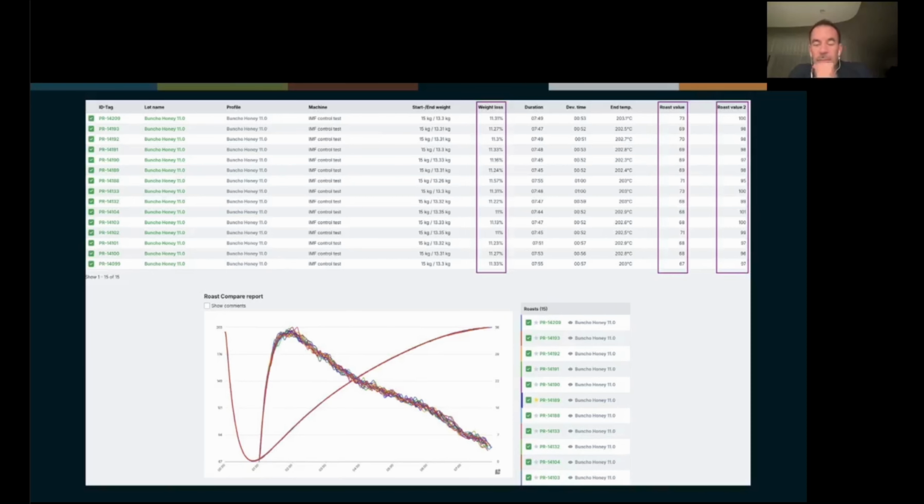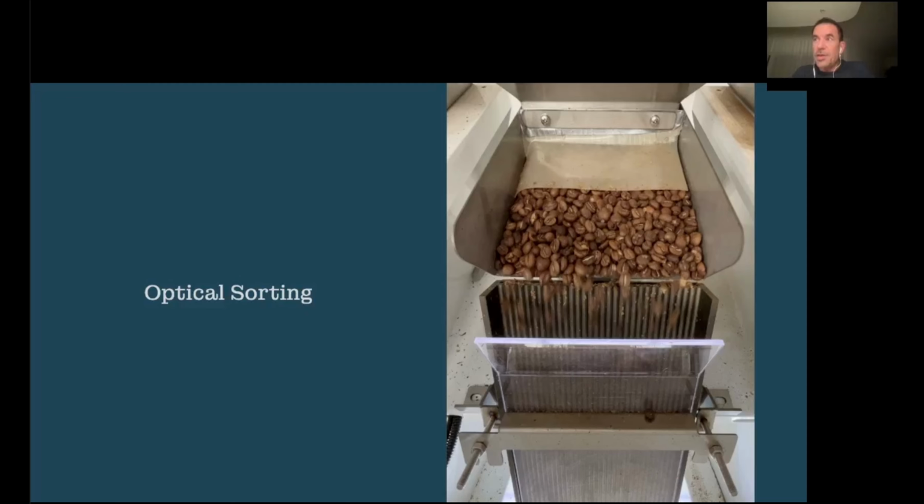At our roastery, we use an optical sorter, and the optical sorter is quite fascinating. It has a front and back camera, and you can tell it what the acceptable color range is for the coffee beans, and you can tell it what is too light, what is too dark, and what percentage of the bean surface has to be out of the desired color range for the beans to be rejected.